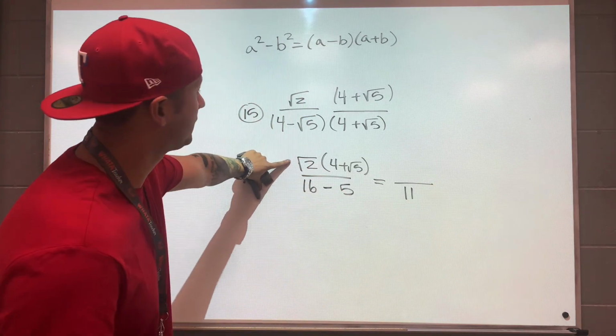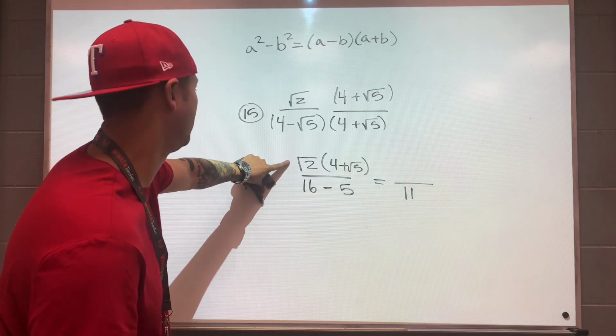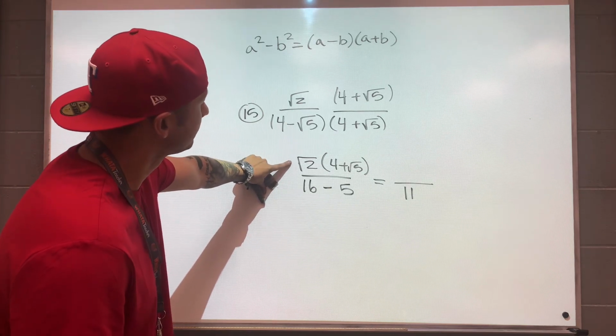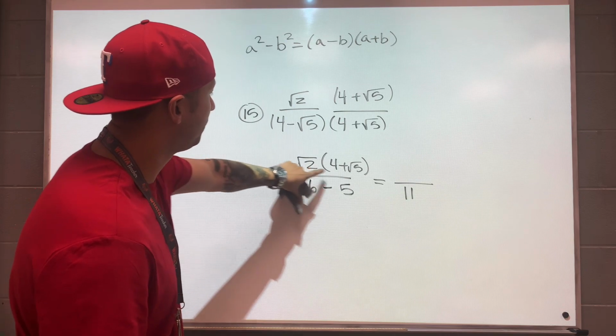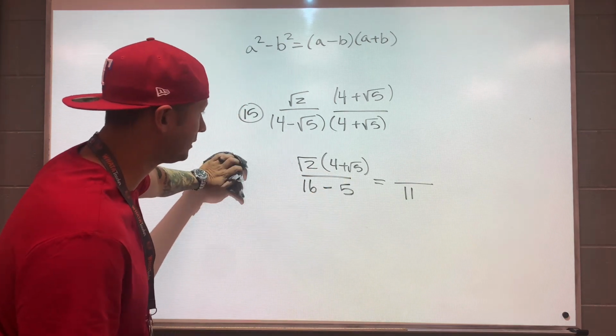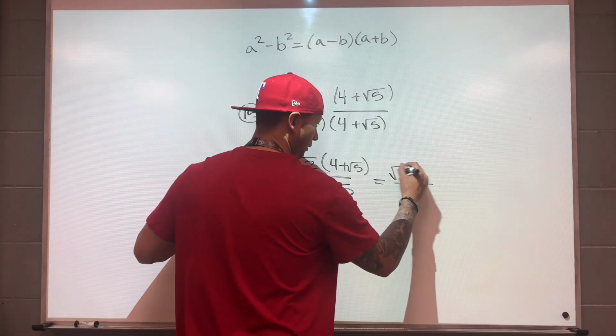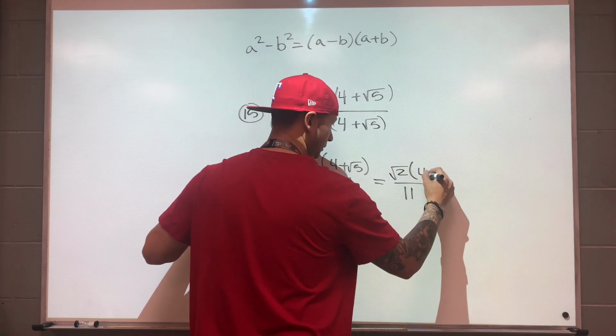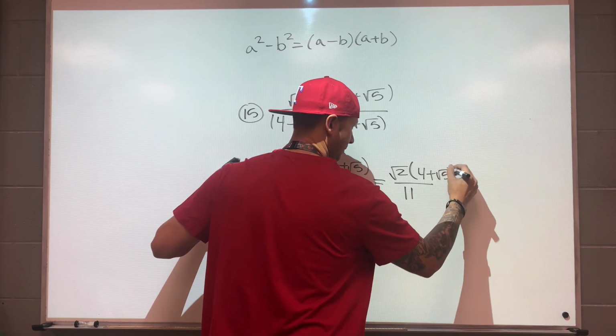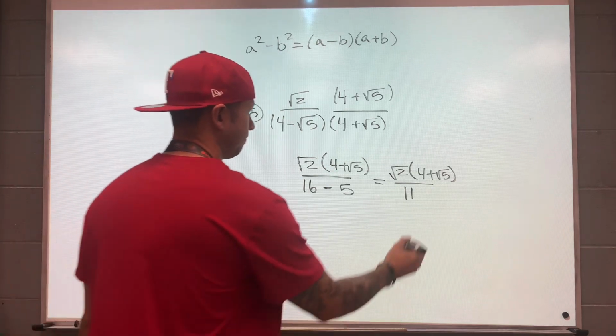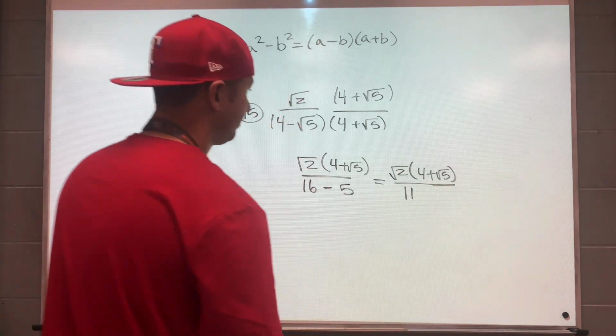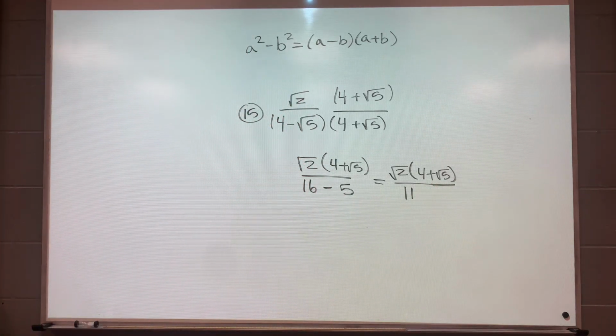Do I want to distribute the top? You can't cancel. There's nothing wrong with square roots being in the top. That would be root 10. It does me no good, so leave it alone. It's not pretty, but it's the answer.